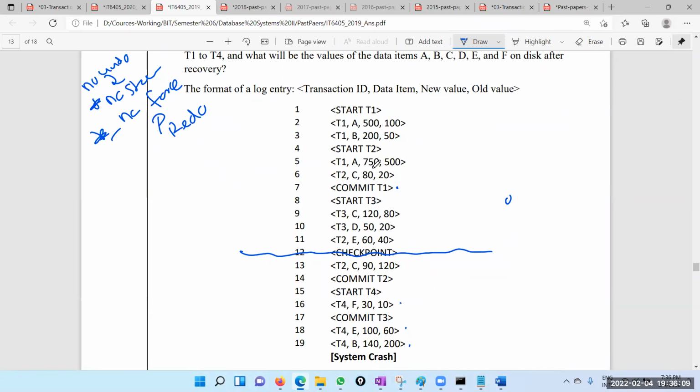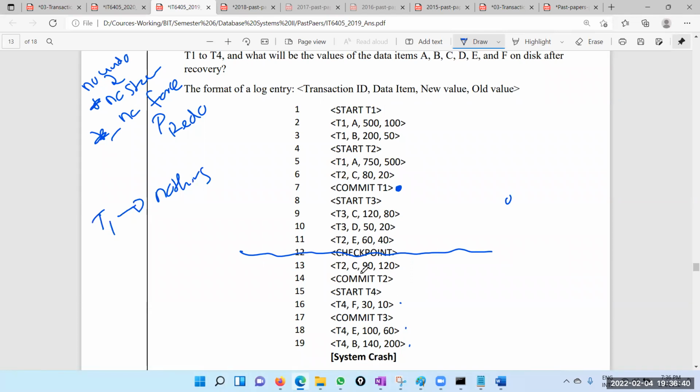Transaction 1 has committed here. It may not be immediately flushed, but anyway, at the checkpoint, it is flushed. So that is why we say T1, you don't have to do anything. So nothing to do, because though it is no force, at the checkpoint, it is flushed. Transaction 1 is committed before the checkpoint.